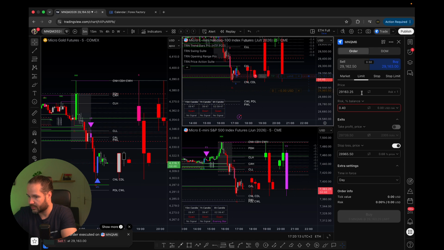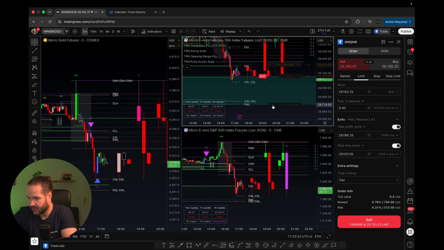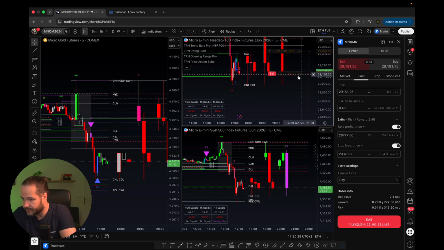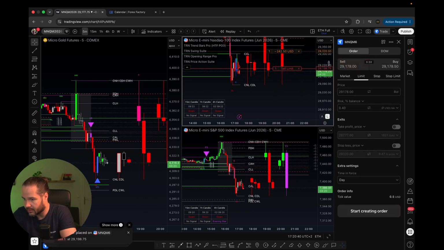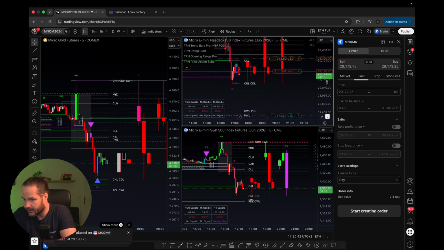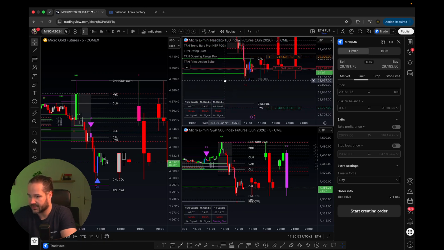So let's prepare. Okay, stop loss above this pullback right here, this previous high, target previous week low. And now a limit order. Now comes the recovery, obviously. I will give it a try. Let's see if I can catch an entry here.